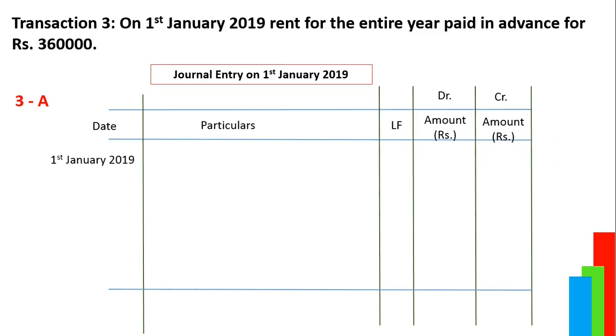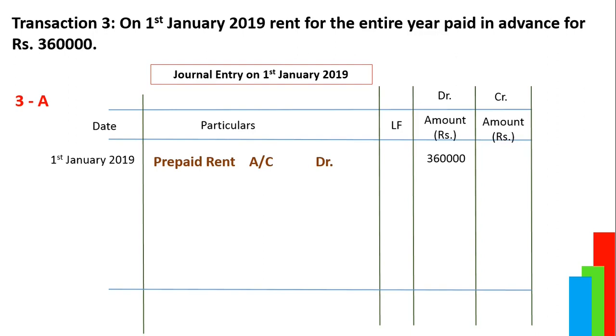So on 1st January 2019, this payment will be regarded as an asset. Prepaid expense is an asset as discussed in the previous slide, and increase in asset is debited. So we have debited prepaid rent account in this journal.